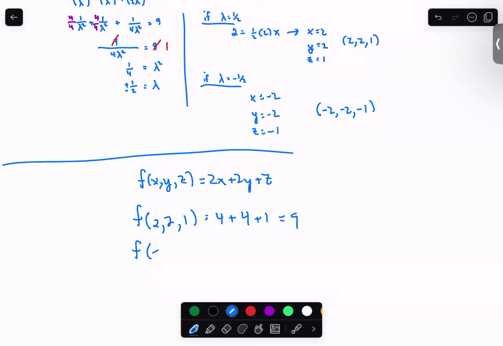And when I plug in (-2, -2, -1), I'm going to have negative 4 minus 4 minus 1, which should be negative 9. So our maximum in this case is 9, and our minimum is going to be negative 9.